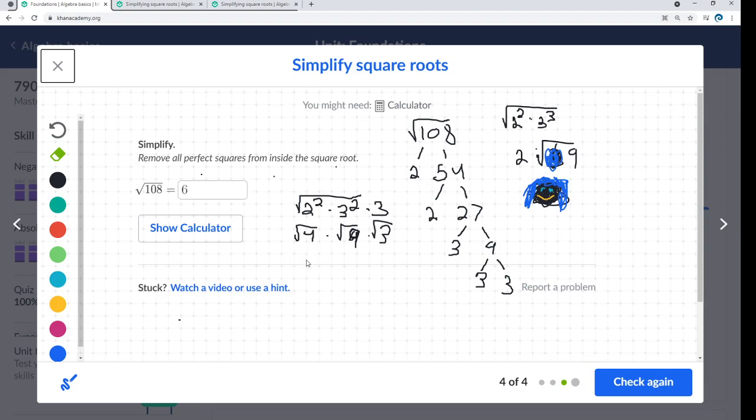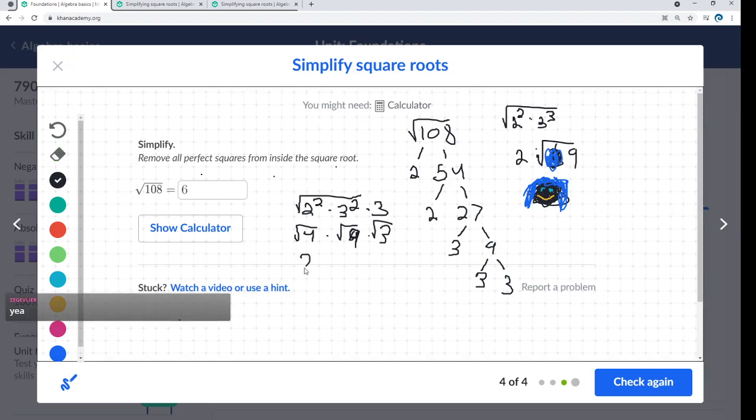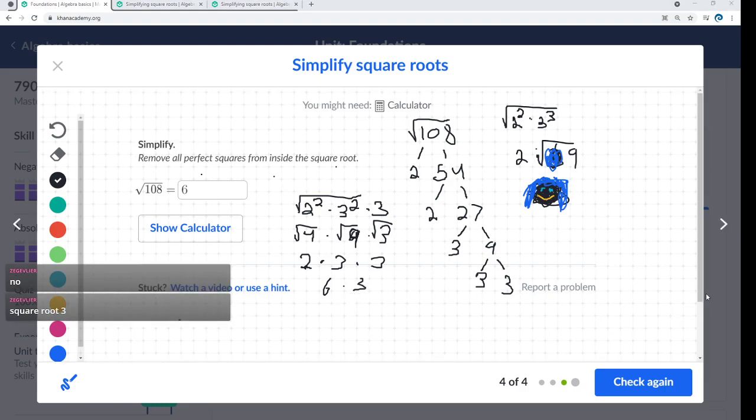So then we need to square all these. So it's 2 times 3 times 3. Is that it? So then this becomes 6 times 3. And then 6 times 3 is what, 18?